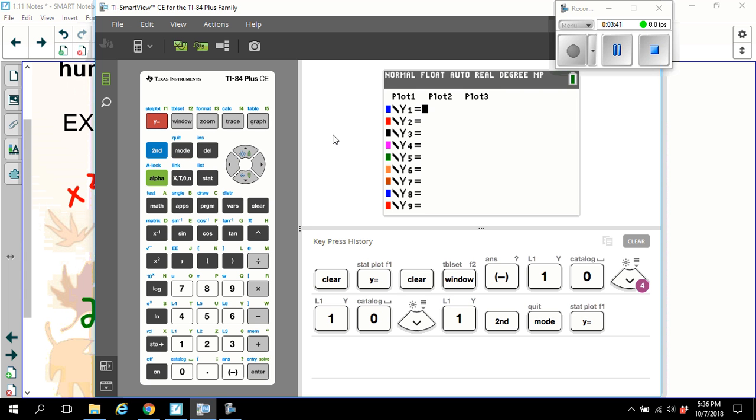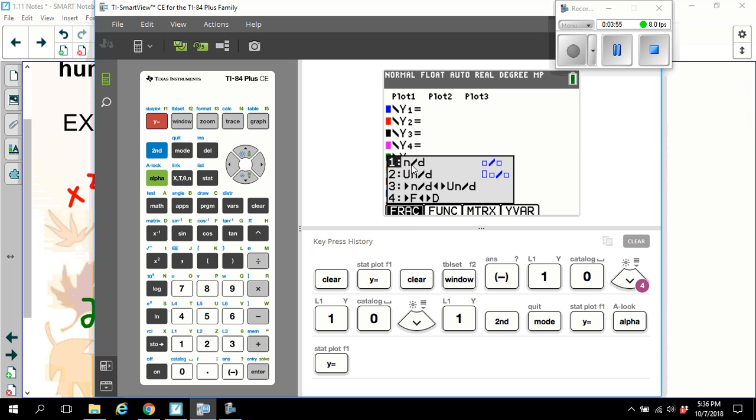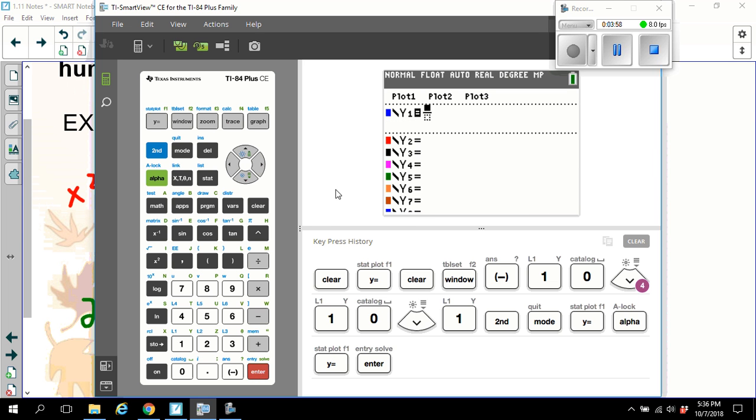So our y1, as we said before, we're going to have 1 over 7 x squared plus 3 over 7. Now, using a graphing calculator, you can press alpha y equals to get a fraction. And here I can put 1, now down arrow to get your 7.